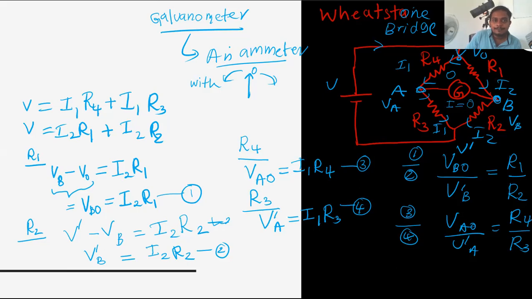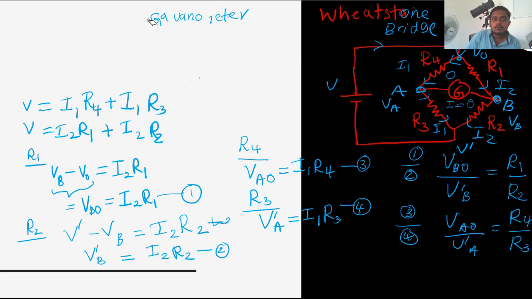So finally, if the potentials of A and B are the same, you are getting VBO as VAO, they are the same, and V dash B is equal to V dash A. Therefore, in these two equations, the left-hand sides are equal.